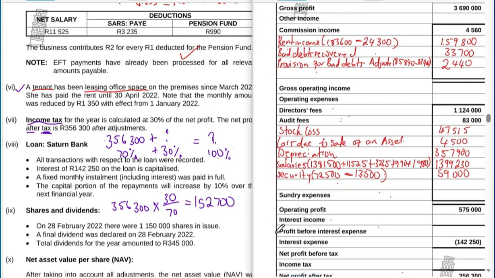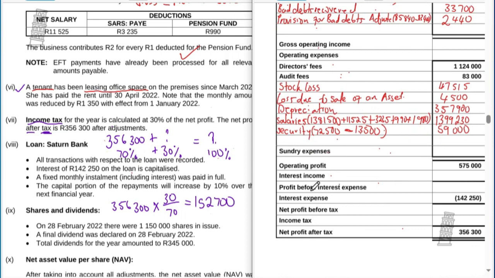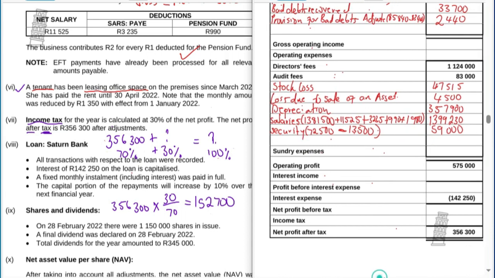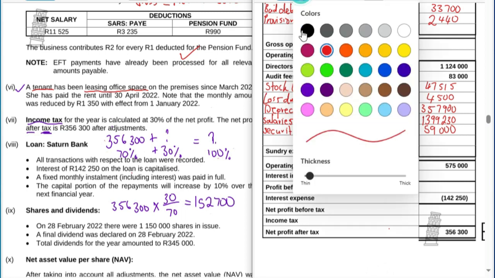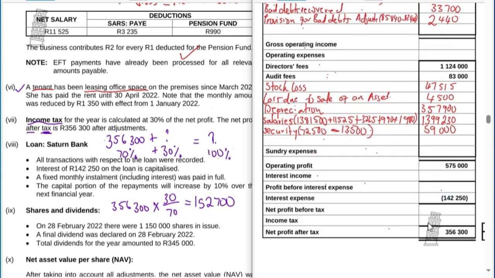In this case, we can go to our income statement and record our income tax. Because it's an expense, it goes inside the bracket, as 152,700.